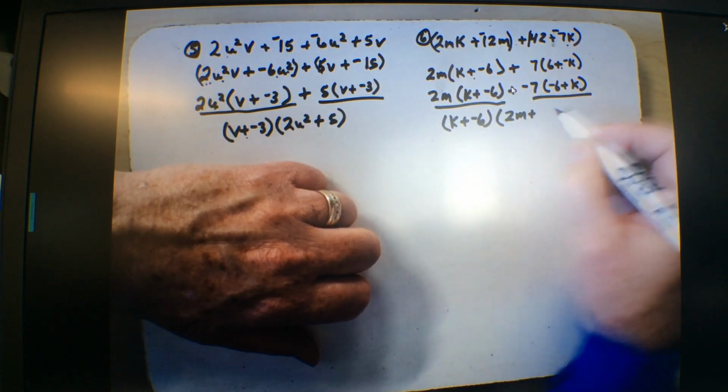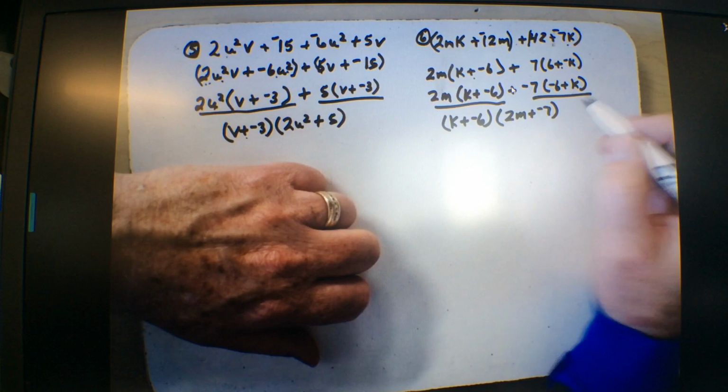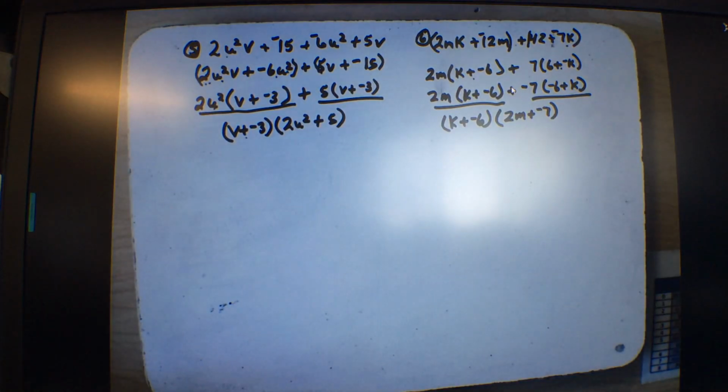What's left in the second one, Caden? All right. And do you see how that works? Questions? Tirsa? You have any questions? Nope? Okay.